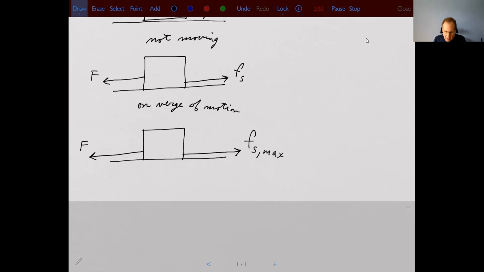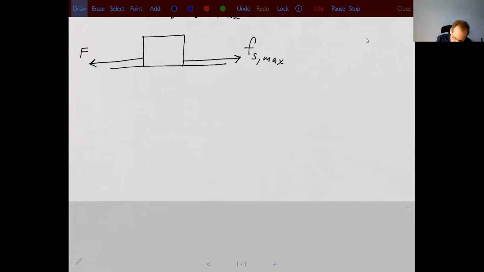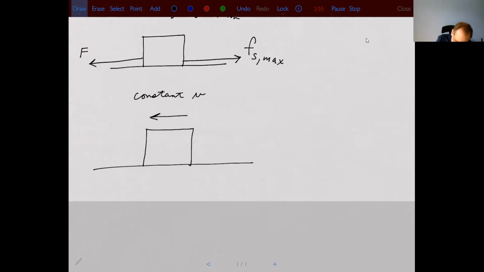Okay. And then the other situation is if I'm pulling on the object, and let's say it's moving now. So here's my object. Let's say it's moving in this direction, and I want to pull it so that it's moving with a constant velocity. So I'm pulling to the left. It's moving with a constant velocity.